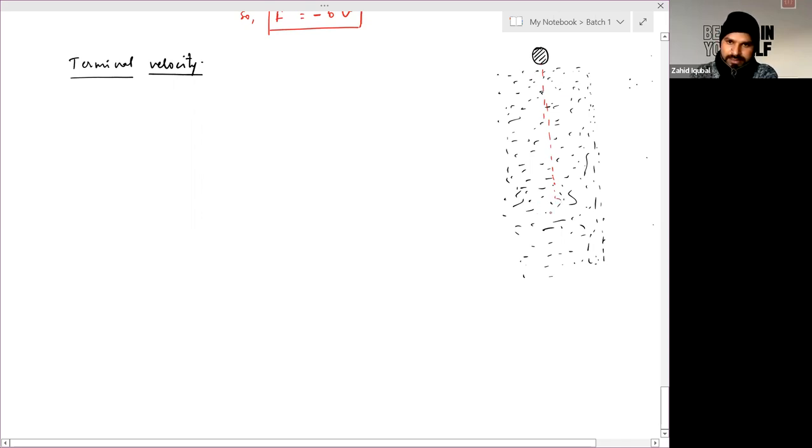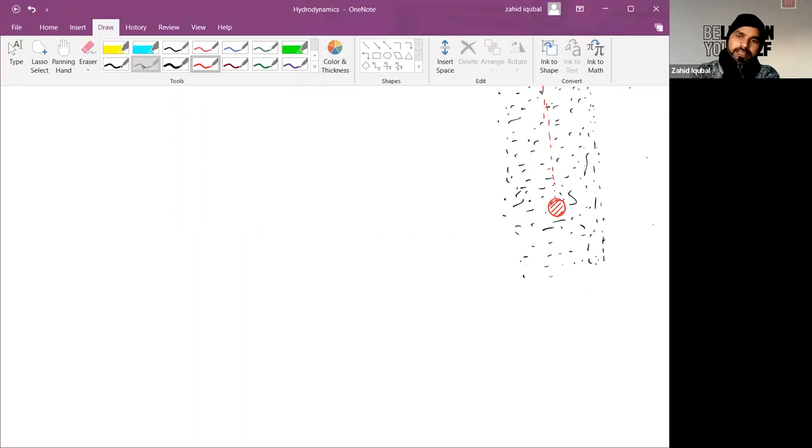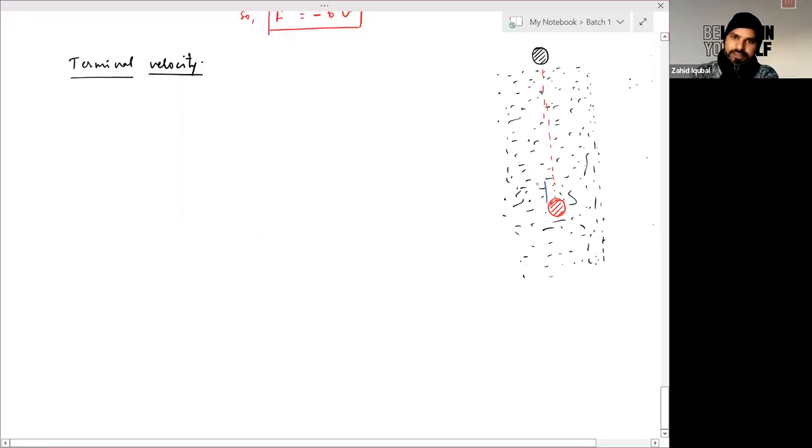At some instant, it must have achieved some velocity, for which if we have to calculate the force acting on it, a viscous force must be acting along this direction, and since it is placed in a fluid, it must be experiencing buoyant force, and another one in the downward direction, weight due to gravity.